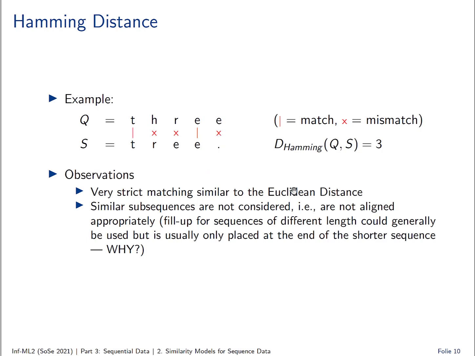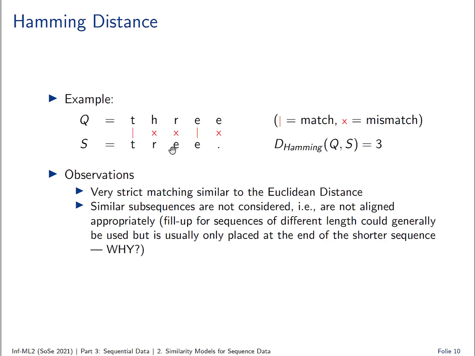In that case, the sequences are not aligned appropriately. It would be better to use the fill-up at the second point. If we use the fill-up there, we would have a perfect matching. Just this one here would be a mismatch. In that case, the Hamming distance would be 1.